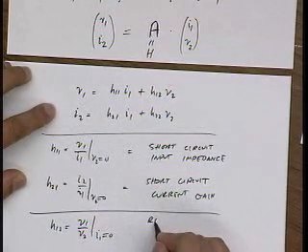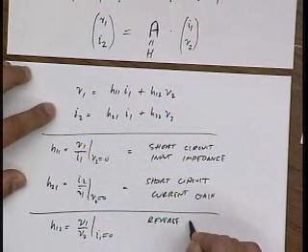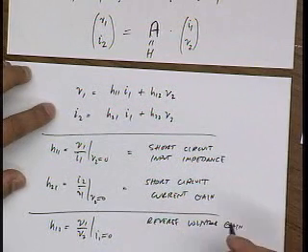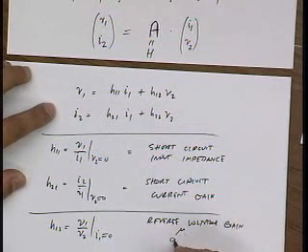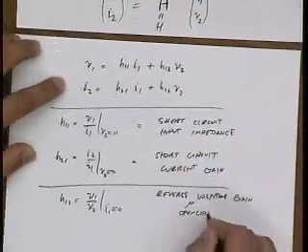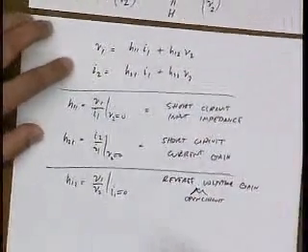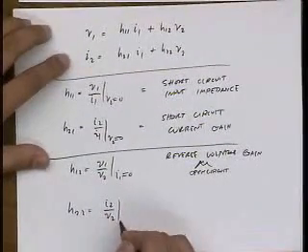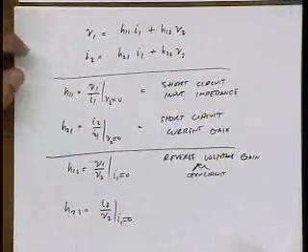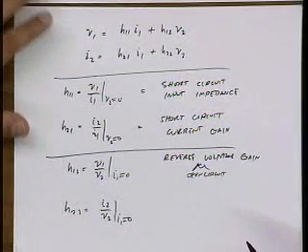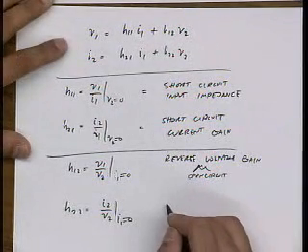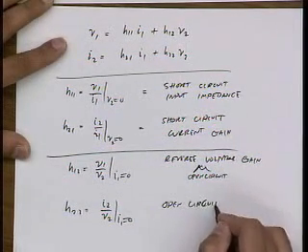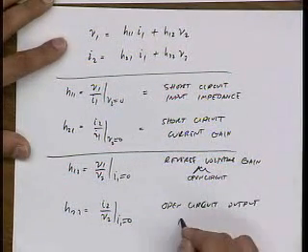This is the reverse open circuit voltage gain. And finally, H22 is I2 over V2 when I1 equals 0. Well, that's just 1 over resistance. It's an admittance. So this is the open circuit output admittance.